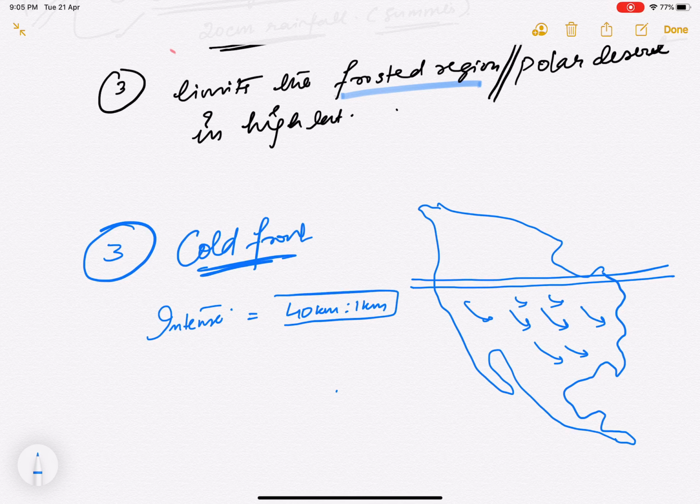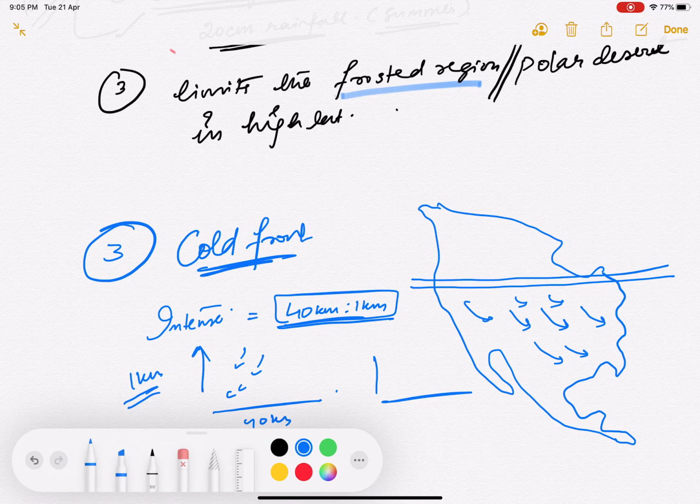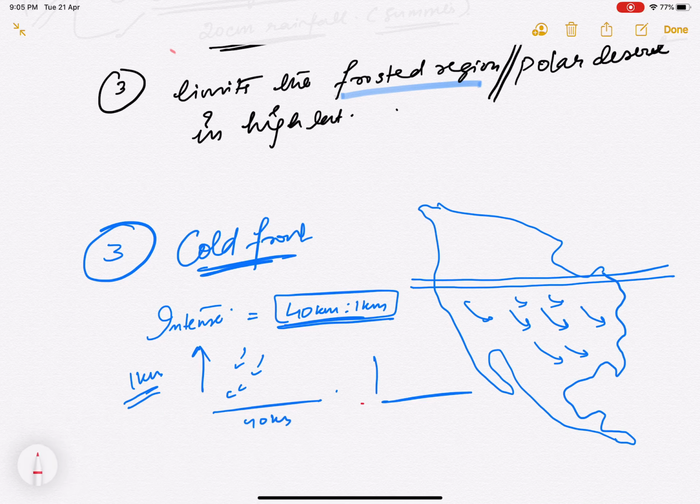See, warm air is in general very calm and quiet. Hence, it covers a distance of 80 kilometers, then slowly and steadily it will rise and lead to precipitation.